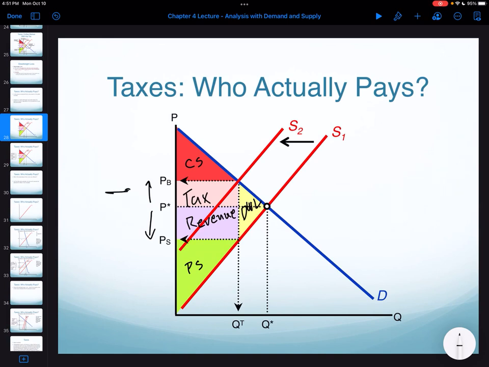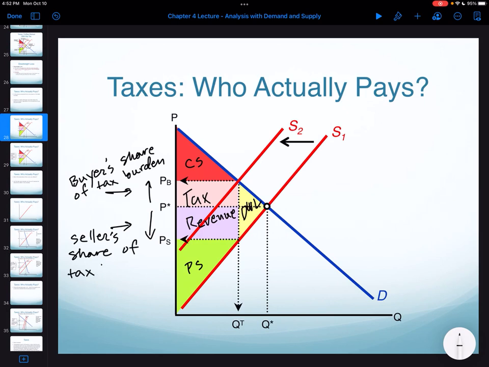So this is the buyer's share of the tax burden. And down here, this is the seller's share of the tax burden.